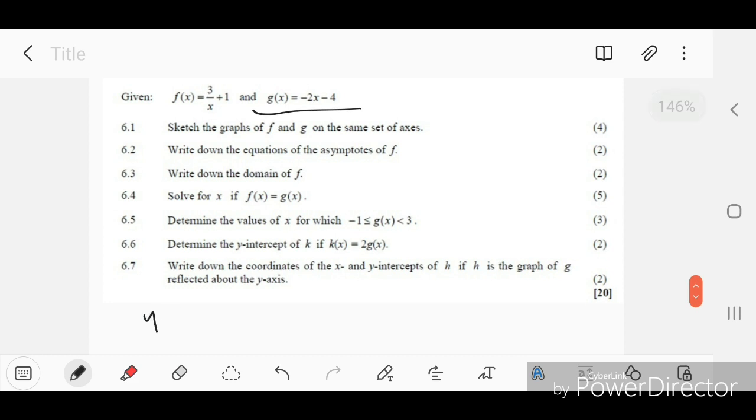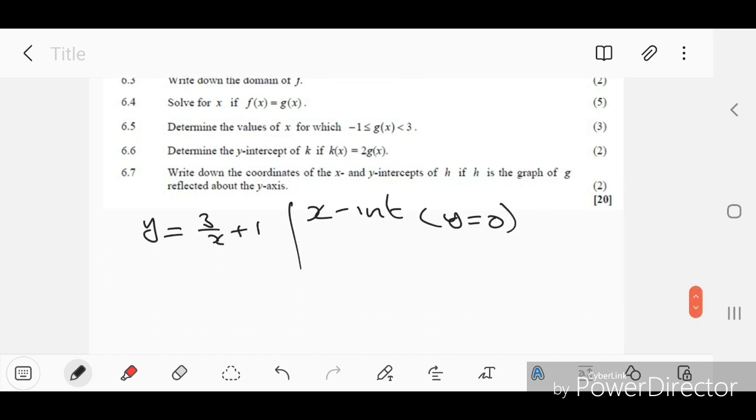I'm having y equals 3 over x plus 1. To find the x-intercept, I must make y 0. Remember, f of x is the same thing as y. So on y I'll put 0. Then I have 0 equals 3 over x plus 1.